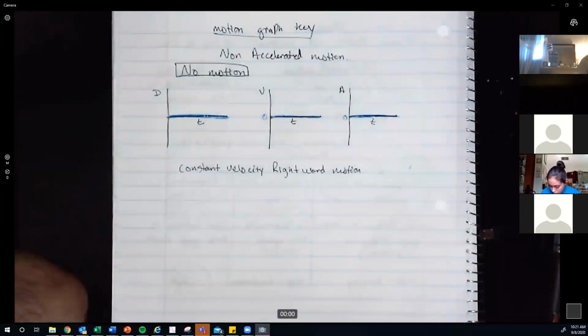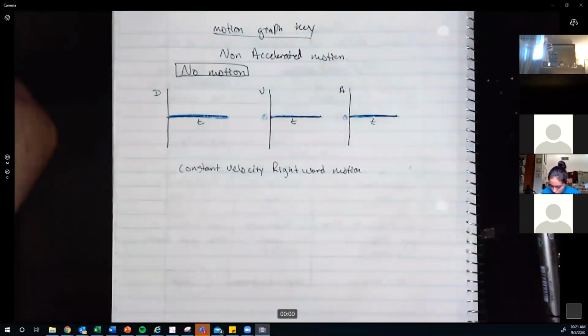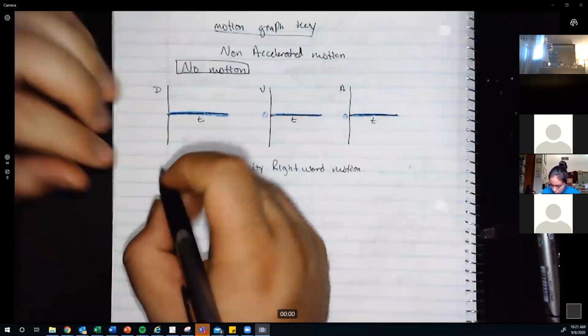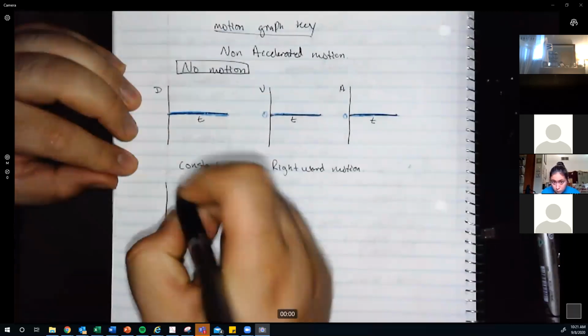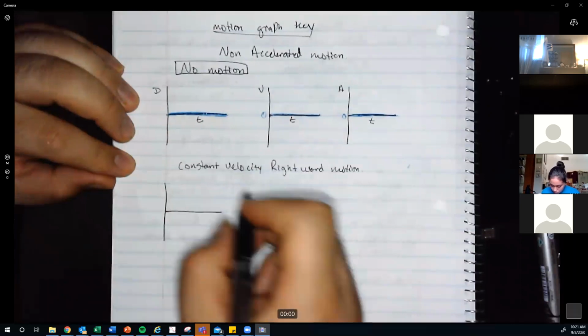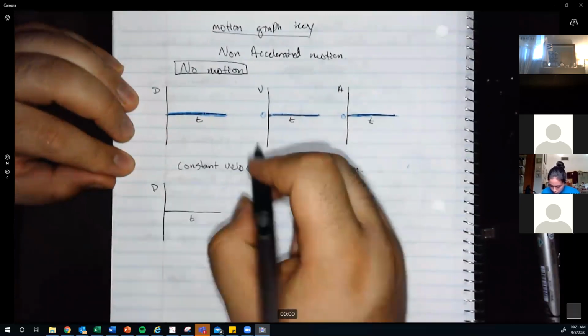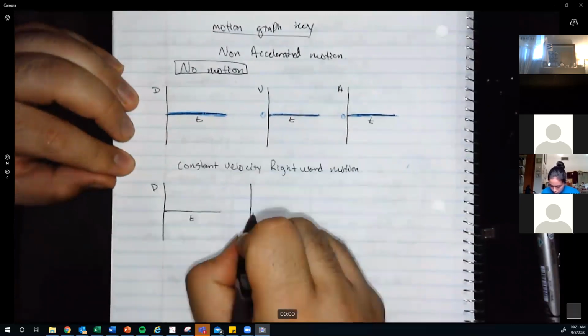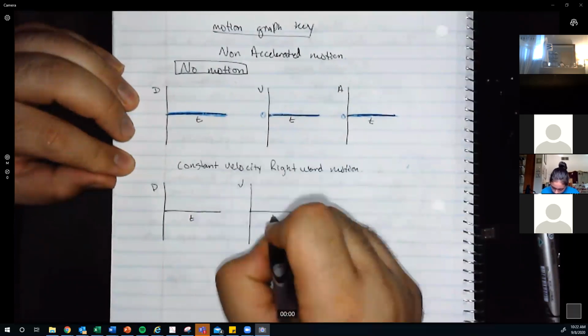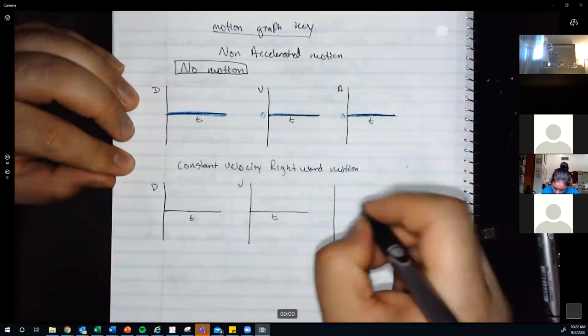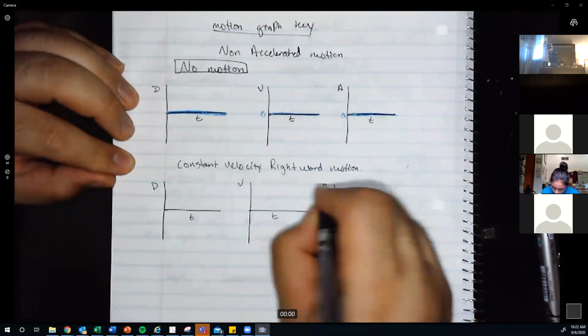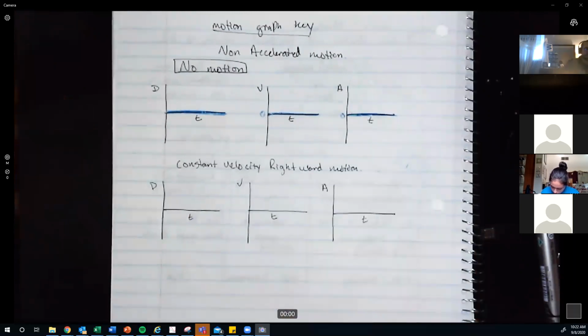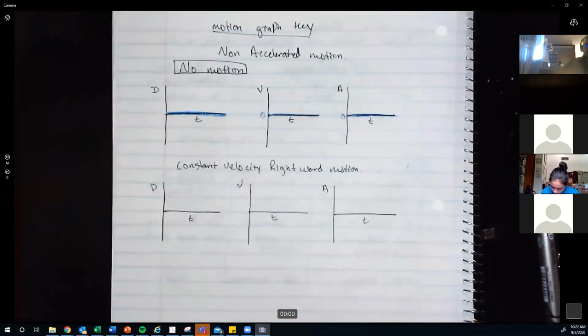The thing that we should expect, and let's go ahead and create the three ways we can analyze it: displacement versus time, velocity versus time, and acceleration versus time.